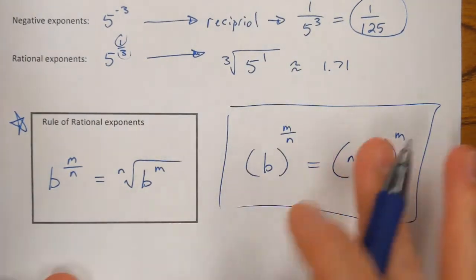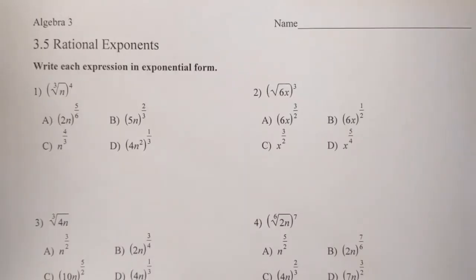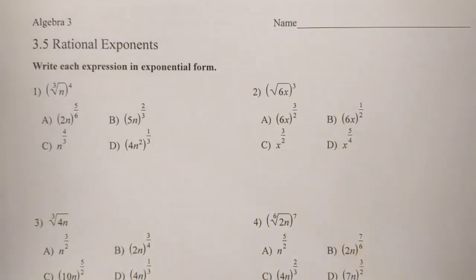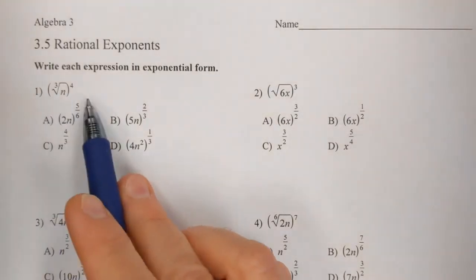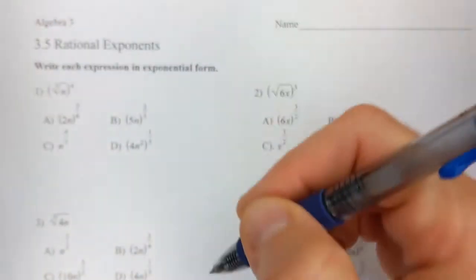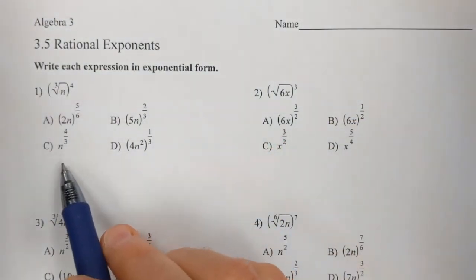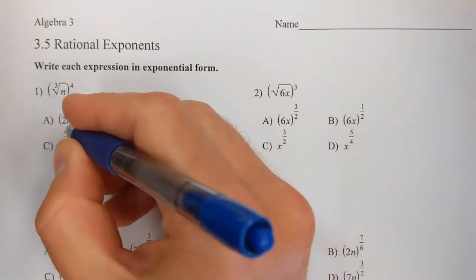Okay, so let's use this rule now to answer questions right off of your assignment. This assignment is fairly lengthy with over 20 questions, but a lot of these are really quick hitters. So number 1, the simple answer is it has a root of 3. That's going to become the denominator of my fraction, and it has a power of 4. That's going to become the numerator of my fraction.